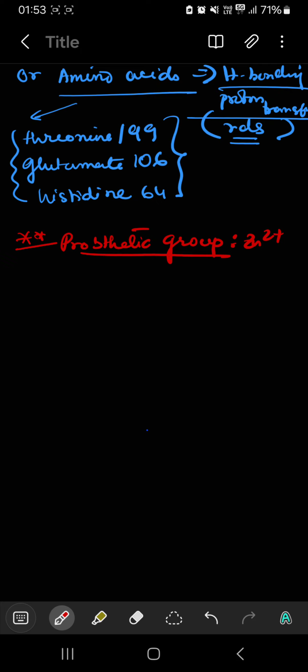We have checked this by removing the zinc metal center from the prosthetic group to get the apoenzyme, without the zinc. This removal of zinc from carbonic anhydrase was done by dialysis of the enzyme with a very strong chelating agent.